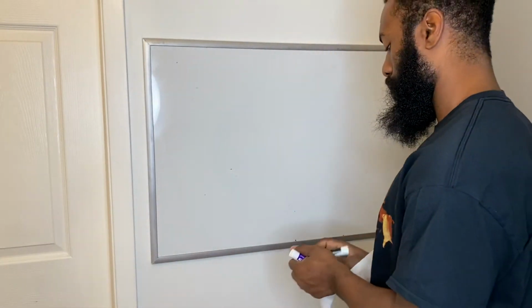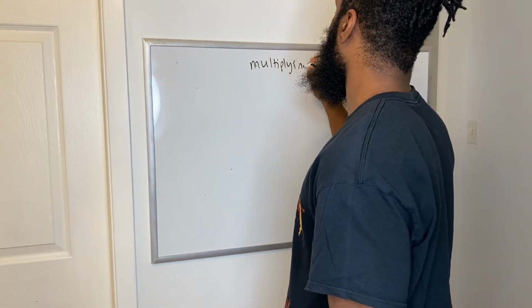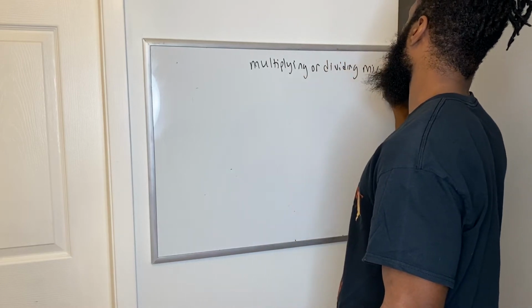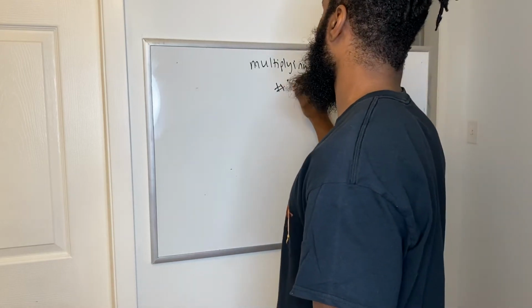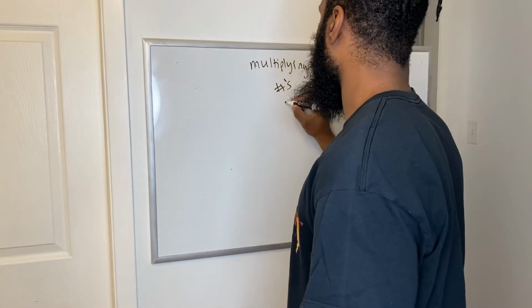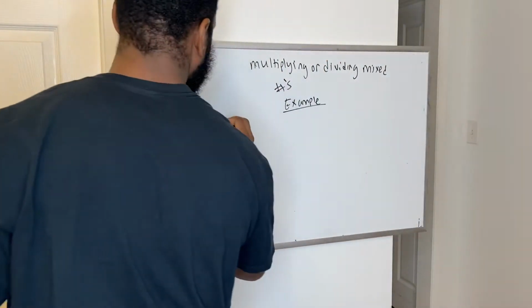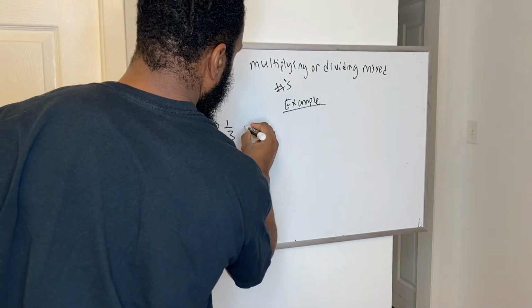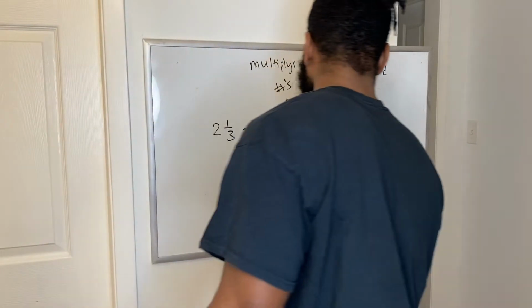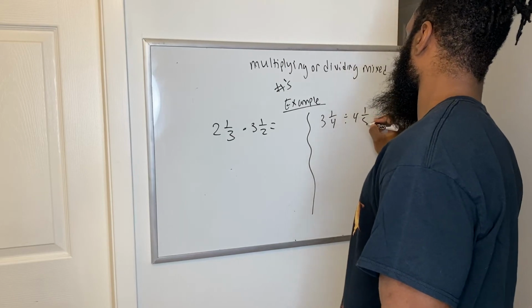When you are multiplying or dividing mixed numbers, for example, you got 2 1/3 times 3 1/2. 3 1/4 divided by 4 1/8.